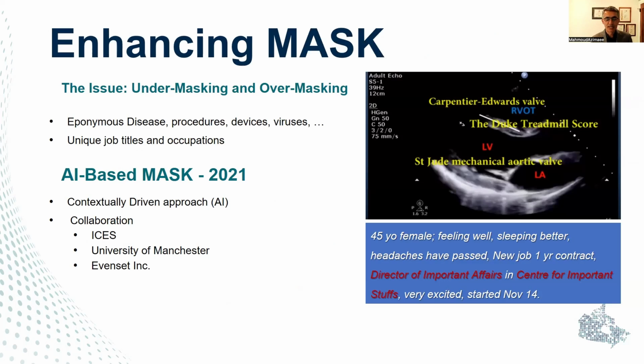So either you had to tell the tool to mask Edward everywhere, or do not mask Edward anywhere. That's a challenge. It could be risky if you do not mask it, or you can lose the value of the data if you mask it everywhere.